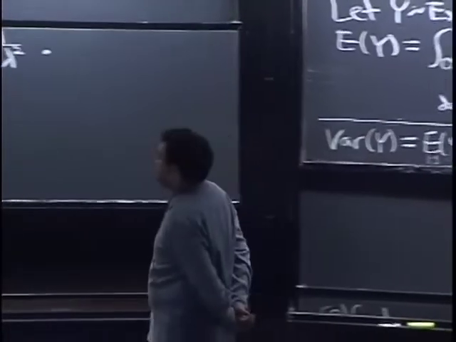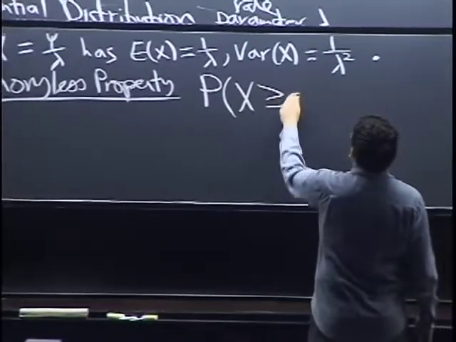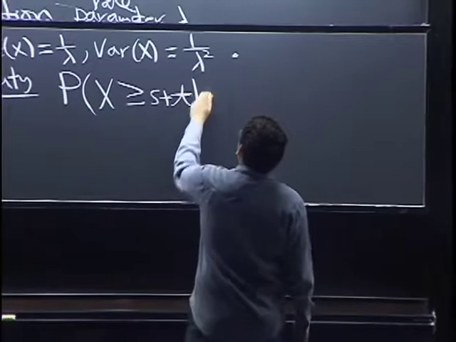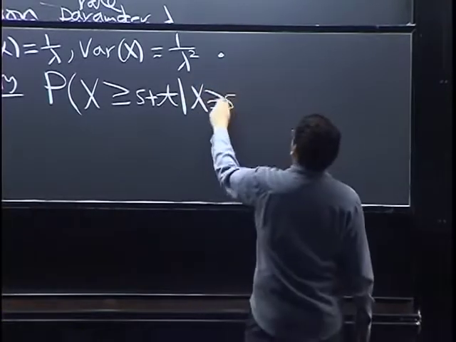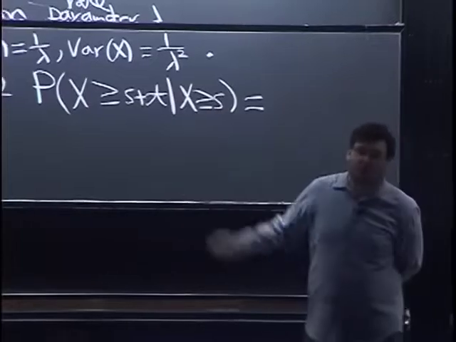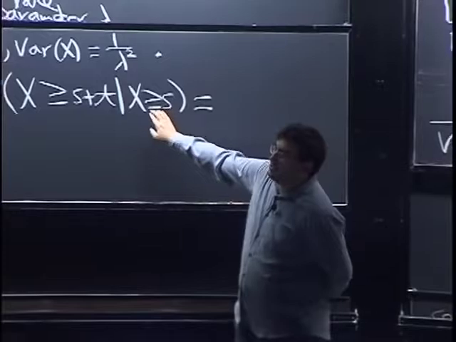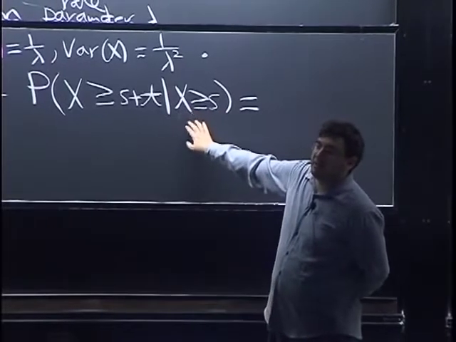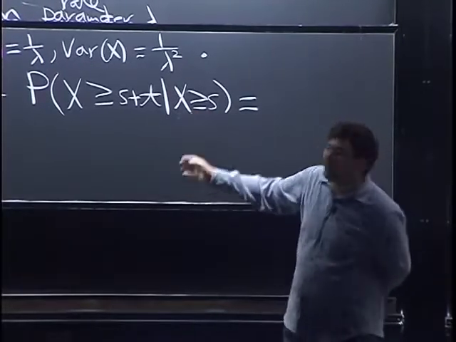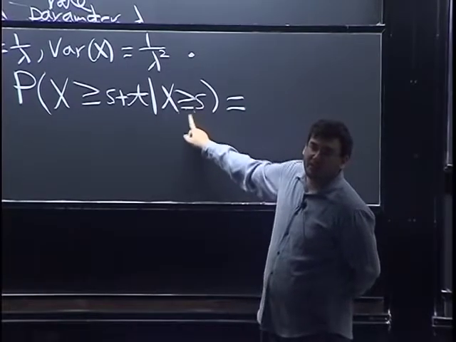So as an equation, what it says is the probability that x is greater than or equal to s plus t, given that x is greater than or equal to s. That means you've already, imagine that s is measured in minutes or whatever unit you want, you've already waited at least s minutes. And you haven't gotten your phone call, so you know x is greater than or equal to s, okay?